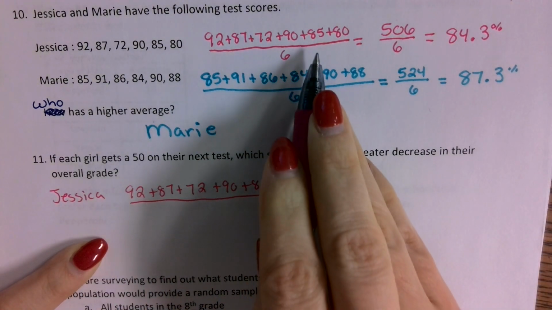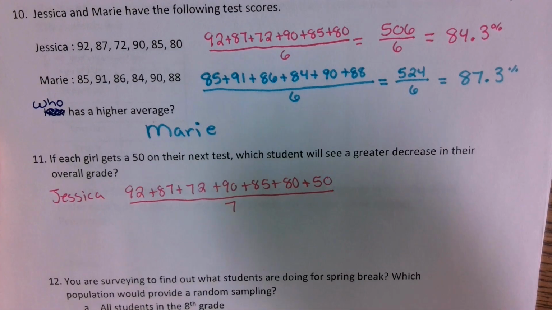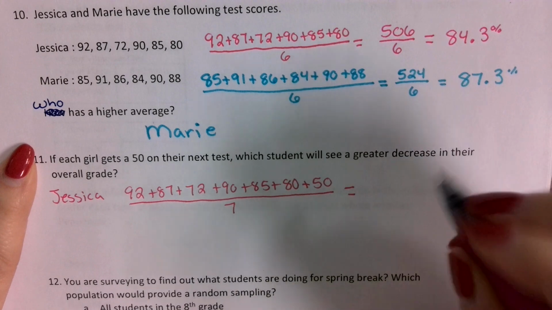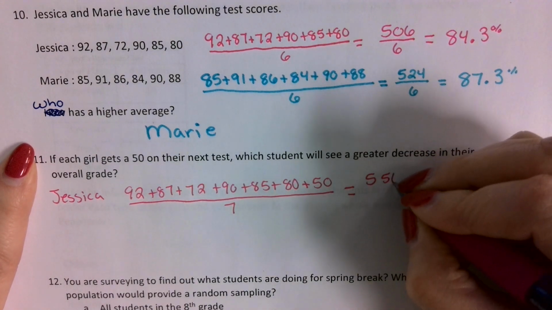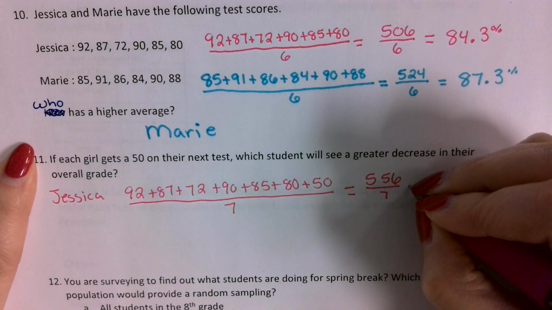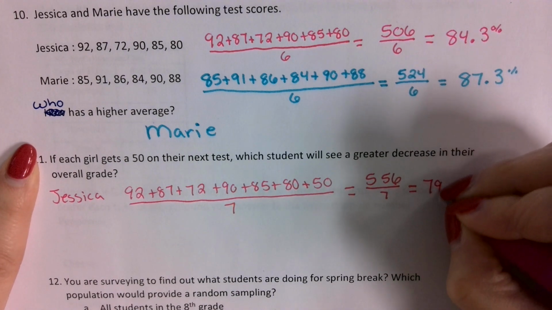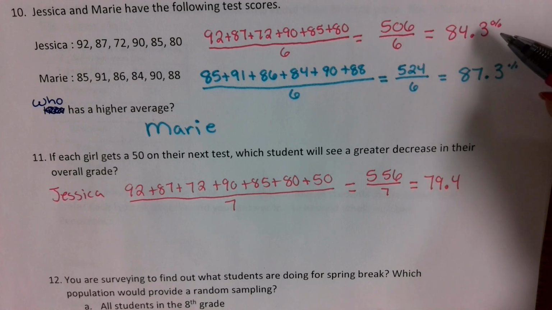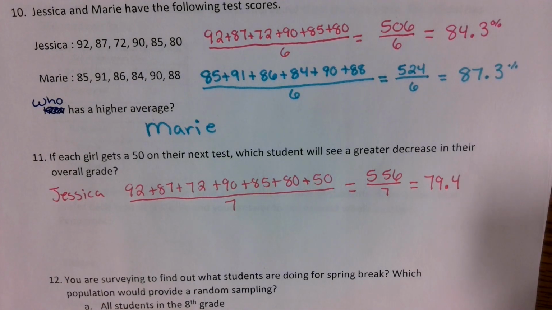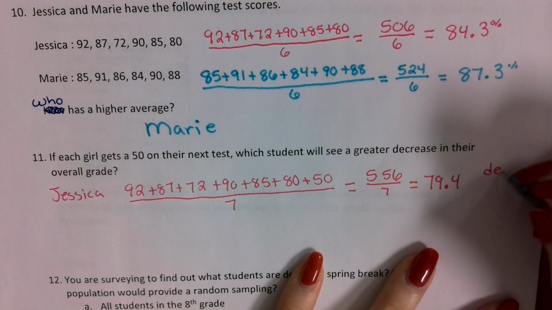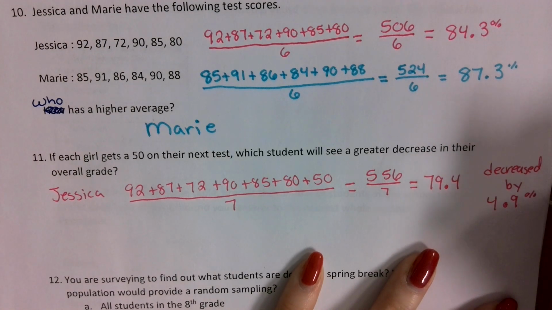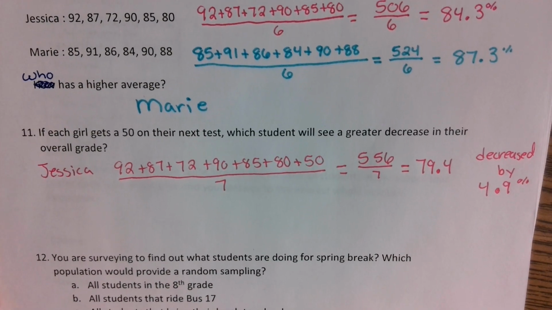So this time, instead of dividing by 6 scores, we now have 7 scores that we're dividing by. When we add that 50 on, that's going to give us 556. We'll divide that by 7, and it comes out to about 79.4. So her score decreased, right? She went from an 84.3 to a 79.4. It decreased, you should be writing that down, by about 4.9%.